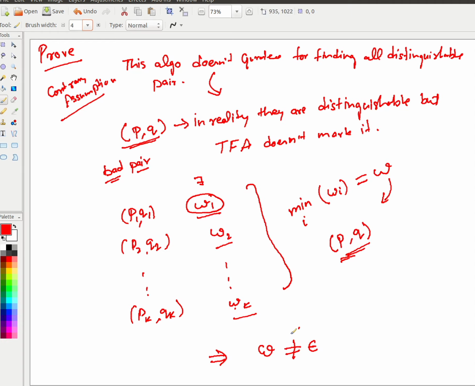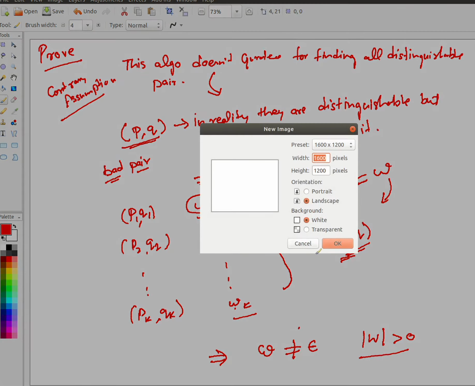Because our base case says that in the first iteration you mark all such pairs. So the base case guarantees that, and W cannot be epsilon. So the length of W is greater than 0. Okay, good. Let us go further on this.